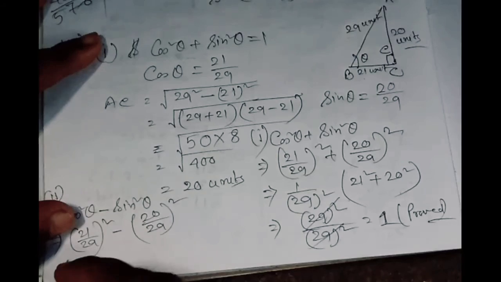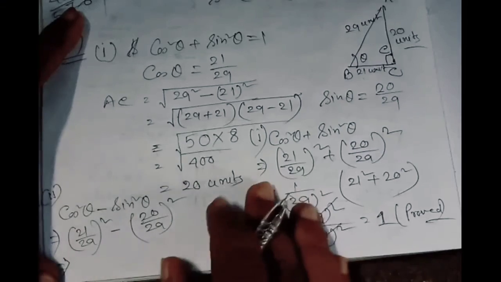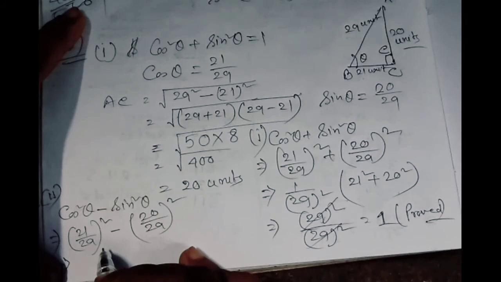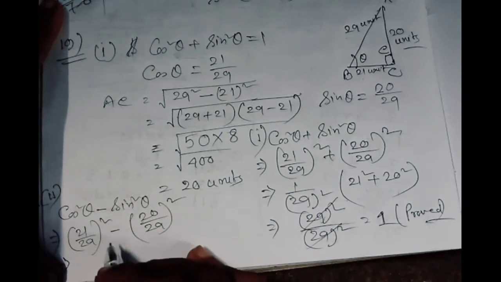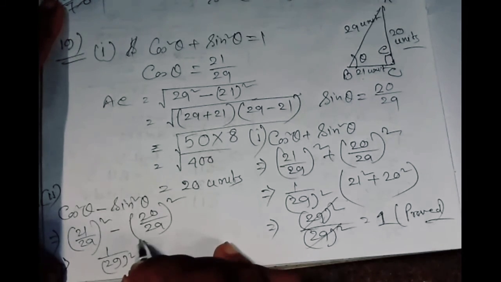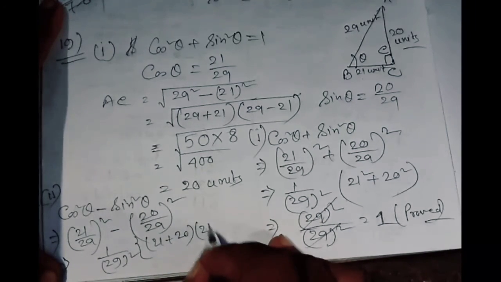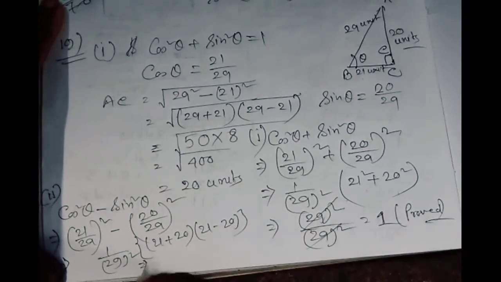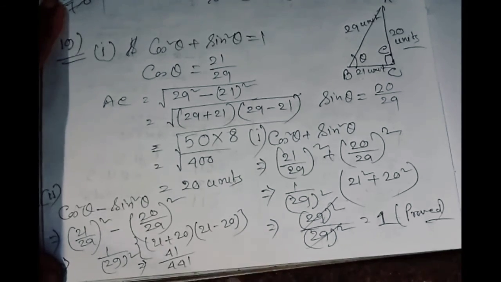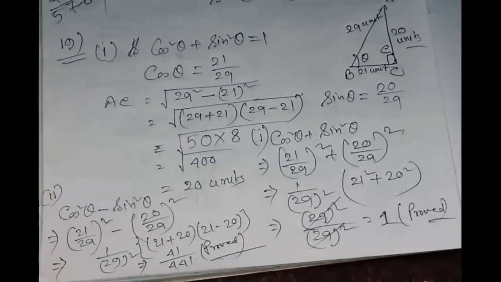Okay, so if we do the calculations over here, taking 1 by 29 square common. Now here if we do the calculations, 21 plus 20, 21 minus 20, so this is equal to 41 by 841. Proved. Okay.